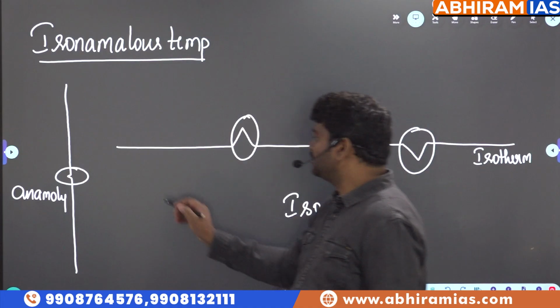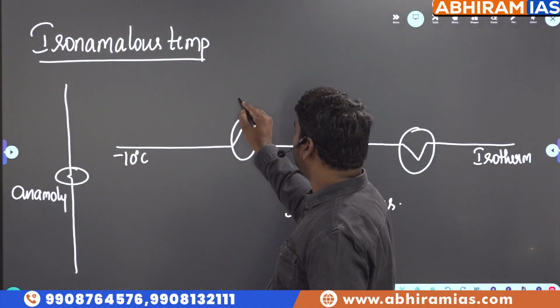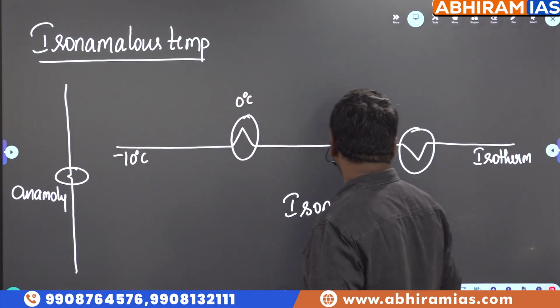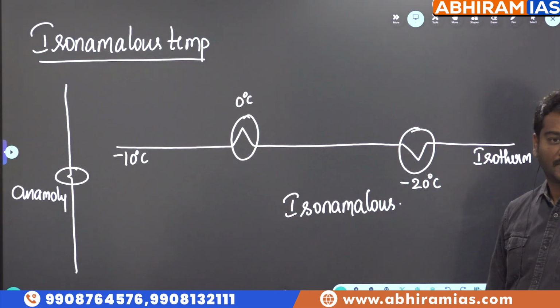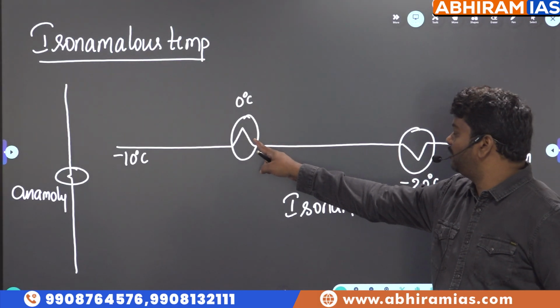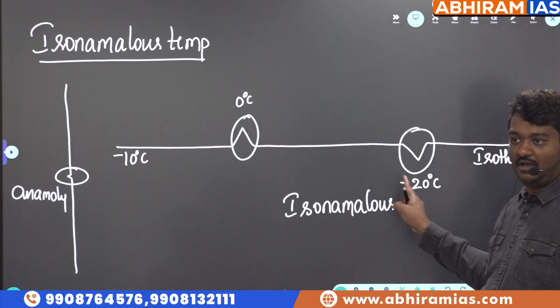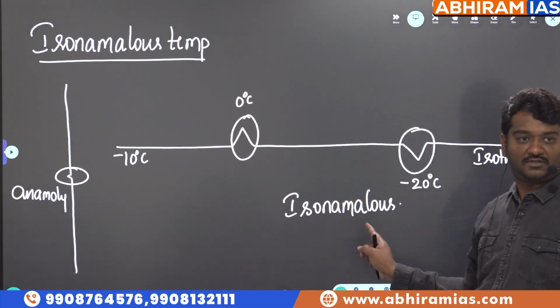What is the meaning of this? You see, this is minus 10 degrees Celsius. Here temperature became 0 degrees Celsius. Here temperature became minus 20 degrees Celsius. Right? So within an isotherm, there is a little bit of small variation. When there is a small variation, then it is called what? Isonormalous.